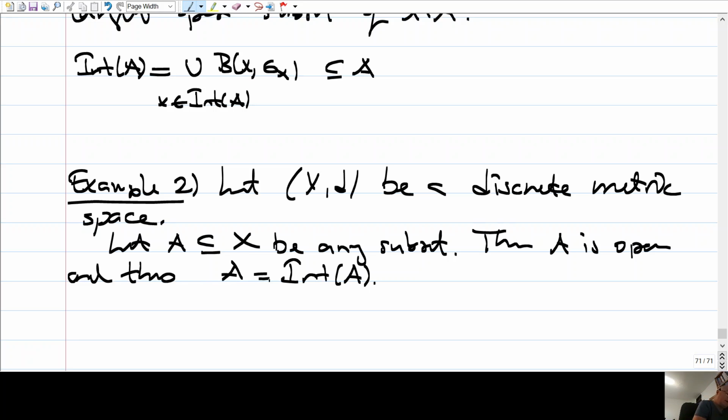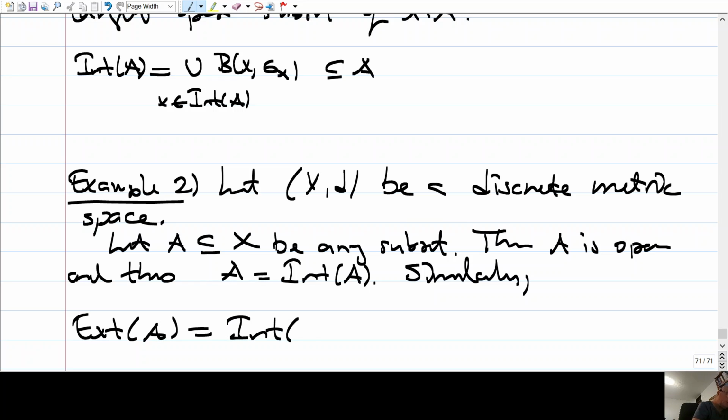What about the exterior? Similarly, the exterior of A is just the interior of X minus A, but the interior of any set is the set itself because any set is open.